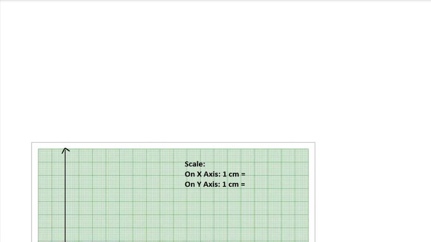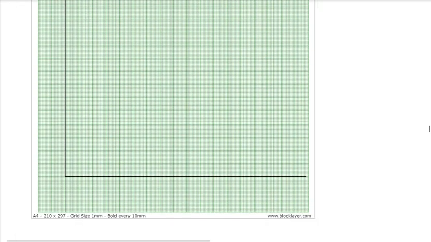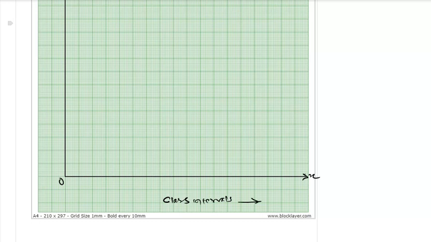So that is y, this is 0, this is x, and this will be class intervals over here, and here the cumulative frequencies, CF.